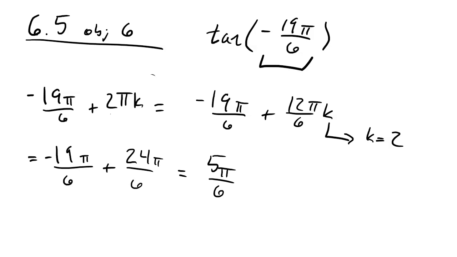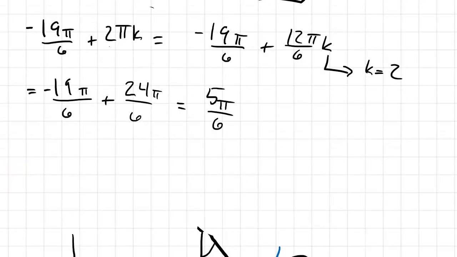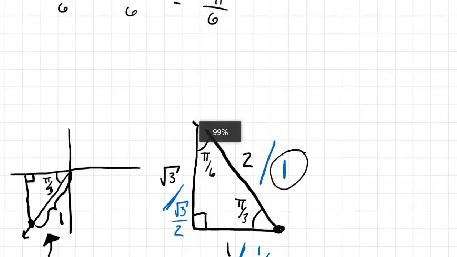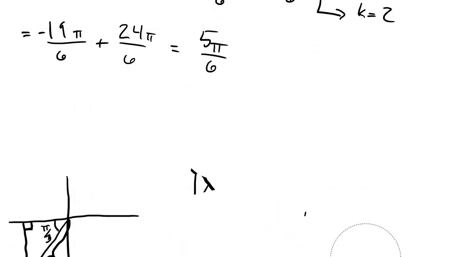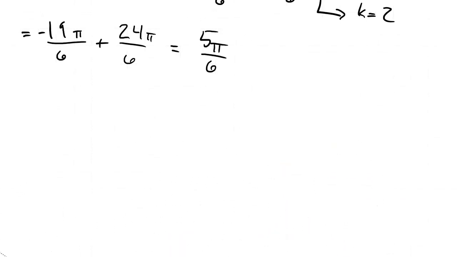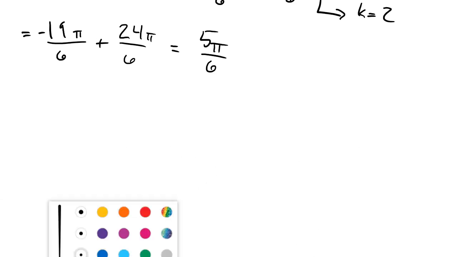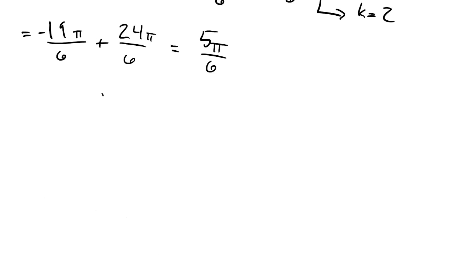So which pi over 6 member is this? Which quadrant is it in? Let's see. You can probably tell that 5 pi over 6 is pi minus pi over 6, which tells us that it is in the second quadrant.